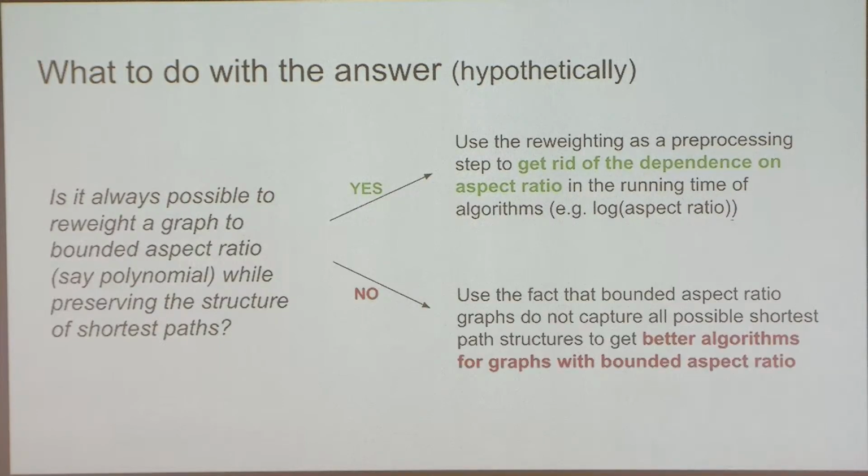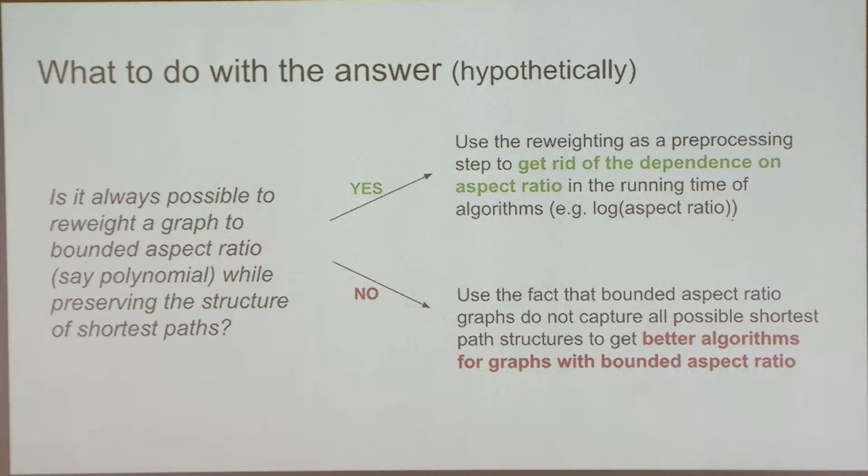On the other hand, if the answer were no, you might try to do something like the following. We want to use the fact that bounded aspect ratio graphs do not capture all possible shortest path structures to get better algorithms for graphs that have bounded aspect ratio. What I mean by that is that some theorem statements have the structure of: assume that the graph already has polynomial aspect ratio, then blah, blah, blah.